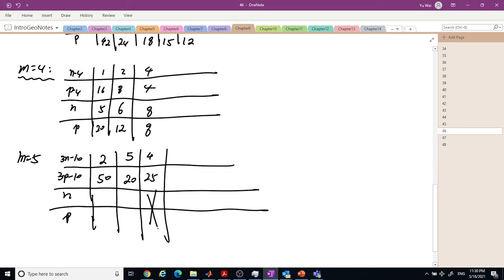Then 5, 6, 7, 8 don't work. 10 and 10 doesn't work.